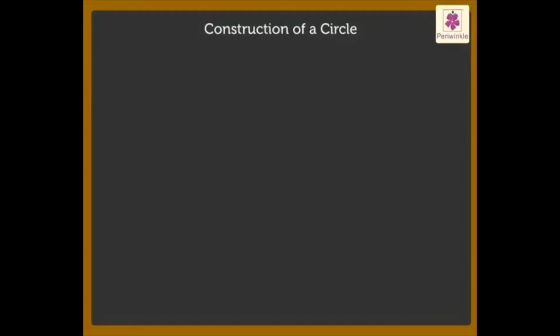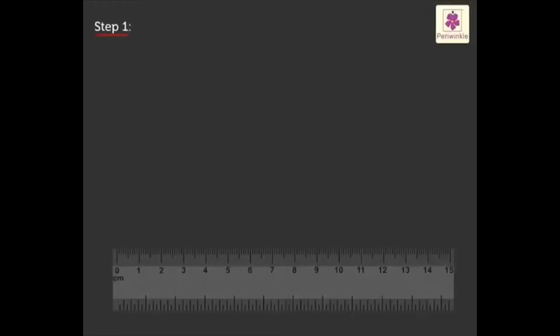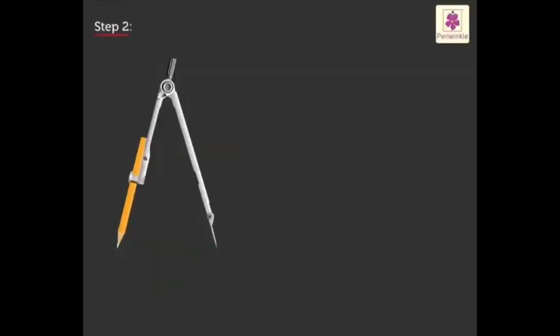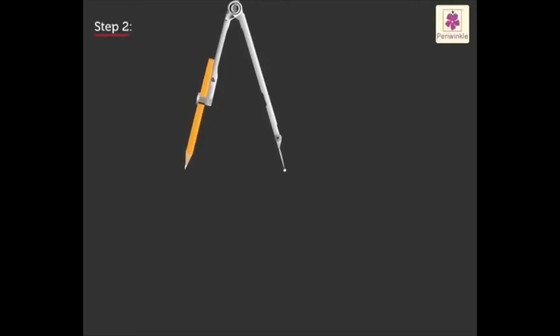Now, let's draw one more circle, but this time with a radius of 4.5 centimeters. Step 1. Use a ruler to set the distance between both the arms as 4.5 centimeters. Step 2. Place the point of the compass on a fixed point.